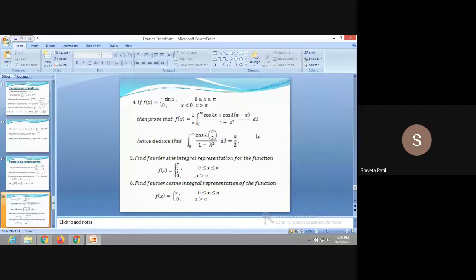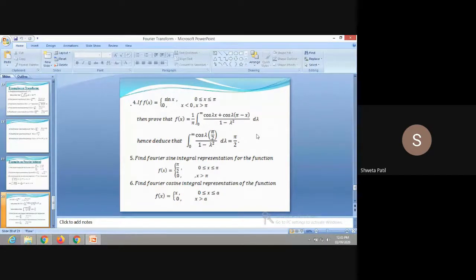I'm separating this integral over these two parts, plus i times 1 upon 2 pi integral from minus infinity to infinity sine of lambda x upon 1 minus lambda square d lambda.